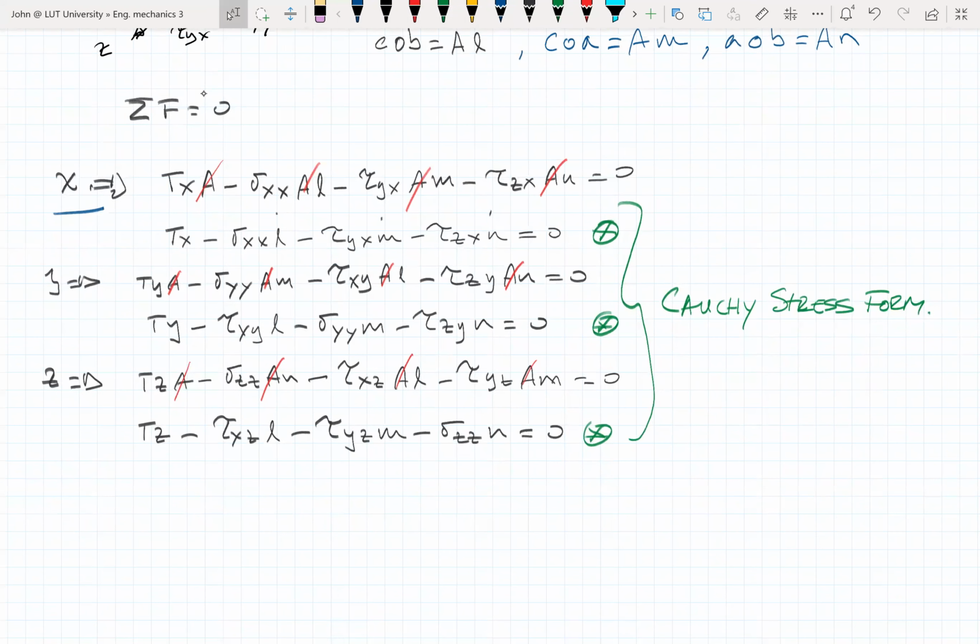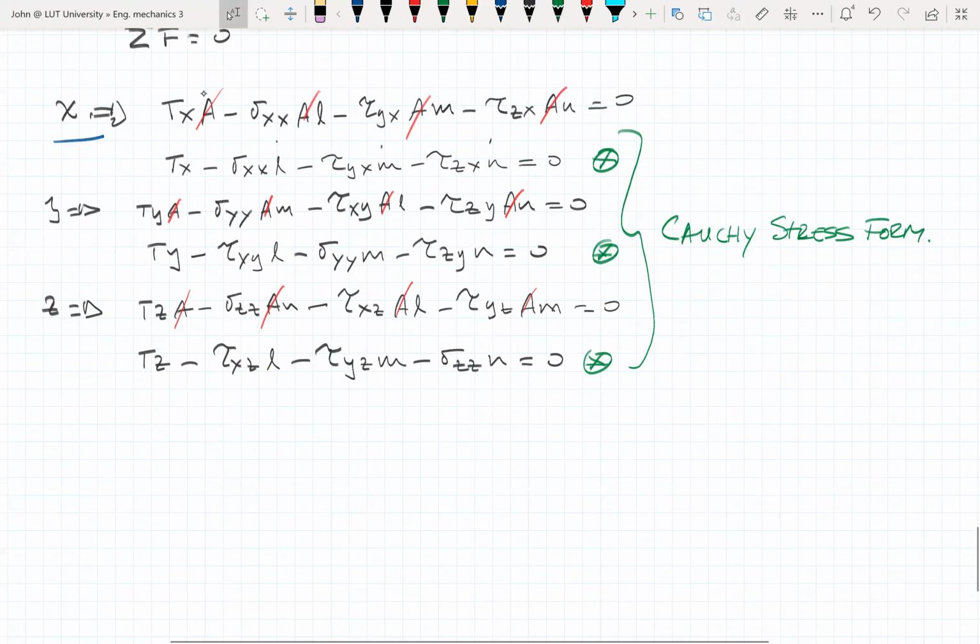And actually, to better see it, we could write these Cauchy stress formulas in matrix form. And that's going to be something like this. In one vector, I will collect what is the T stress.